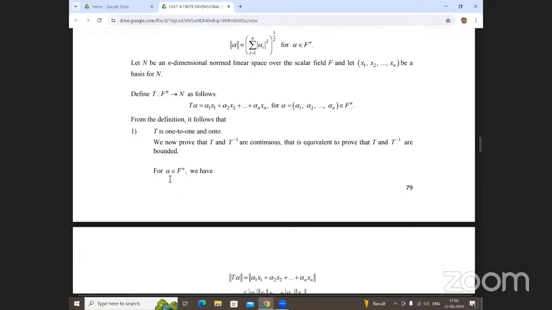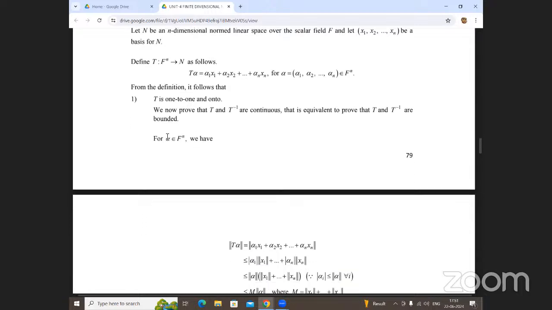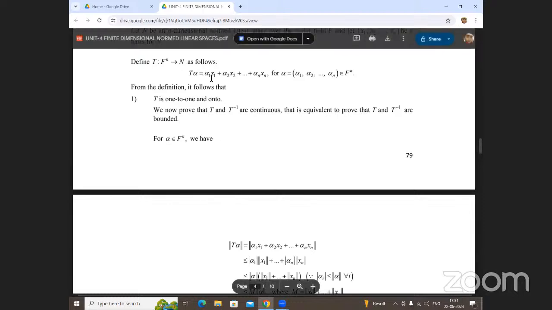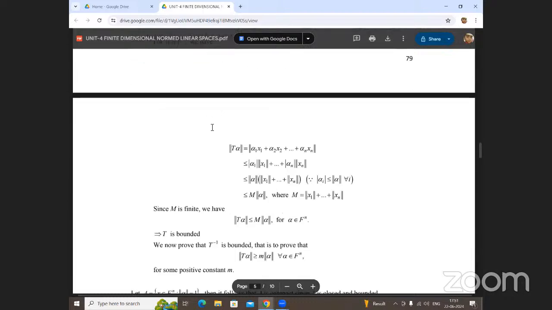We take one element alpha in the n-tuples of the field and write the norm of T alpha. Taking the norm on both sides, norm T alpha equals norm of alpha 1 x1 plus alpha 2 x2 plus so on up to alpha n xn.